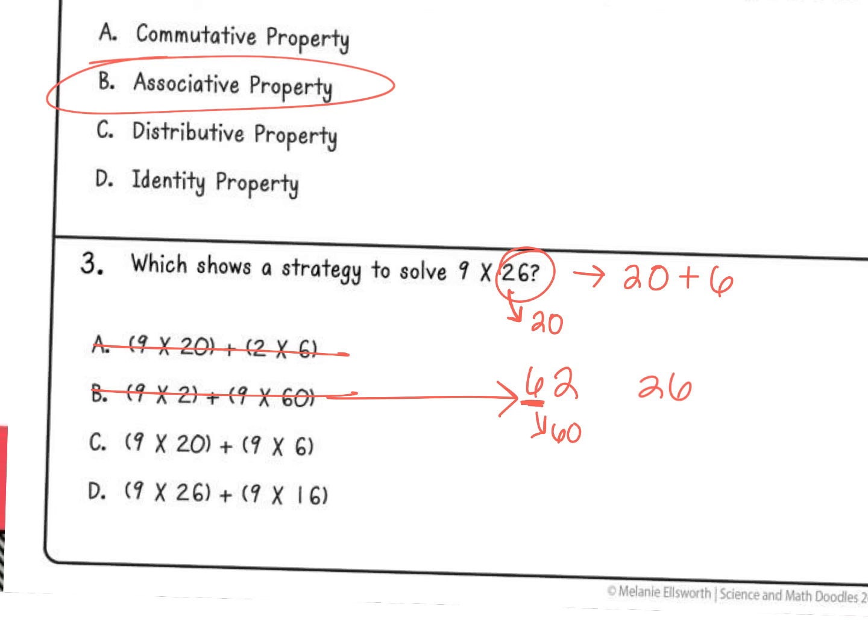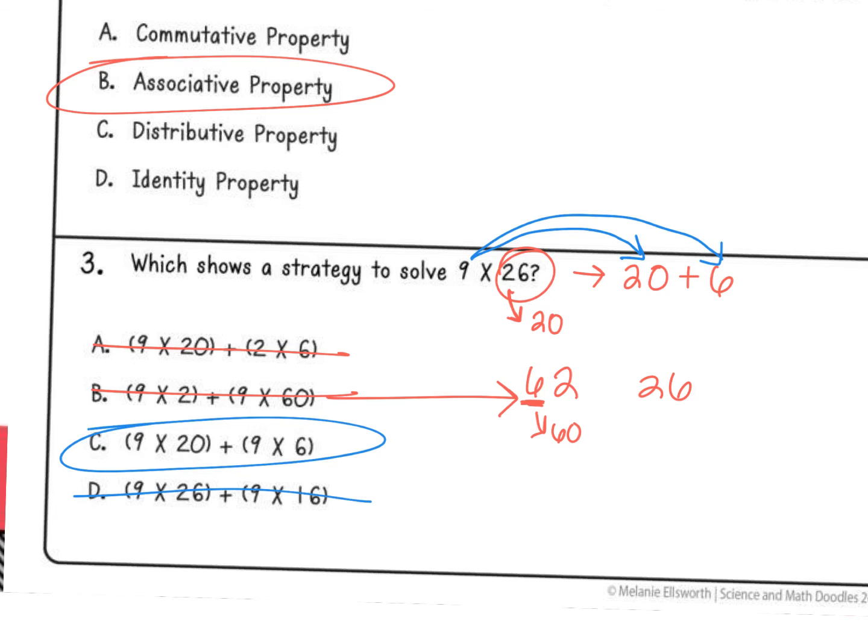So I take the 9 and multiply it by 20, then I can add it to whatever 9 times 6 equals. So C is the correct answer. D can't be right because that's way too much. I have 26, but I have 16 nowhere.